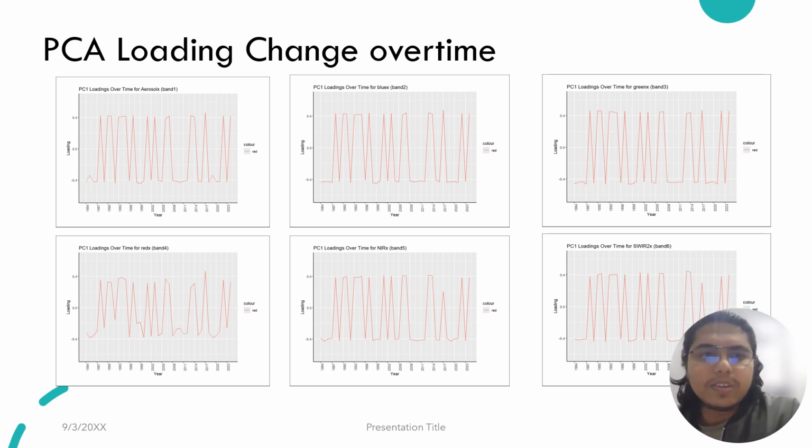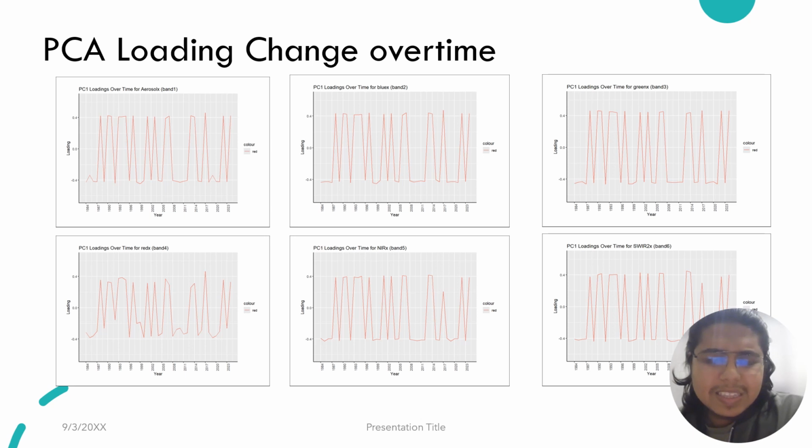We also plotted the PCA loadings to show how they change over time. Here I have PC1 loadings from 1984 to 2024, by band type. We can see 6 bands here and how the PC1 loading is changing over time.